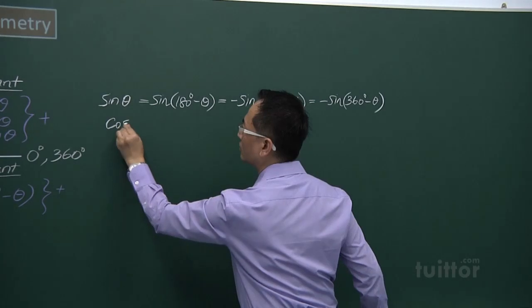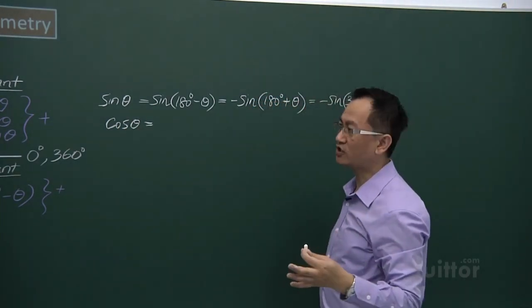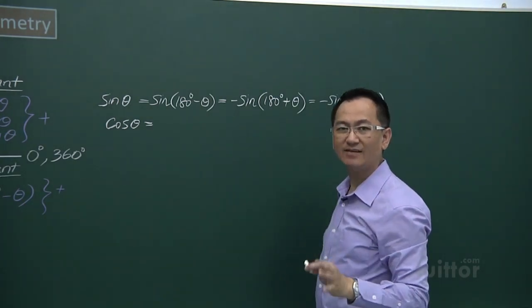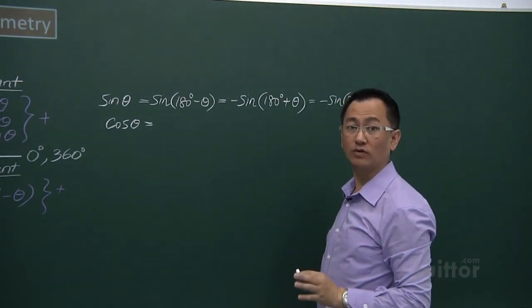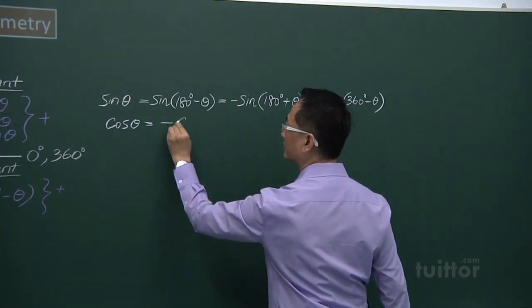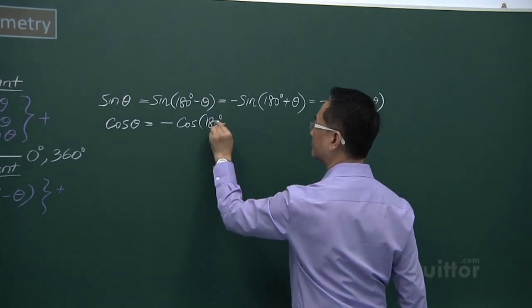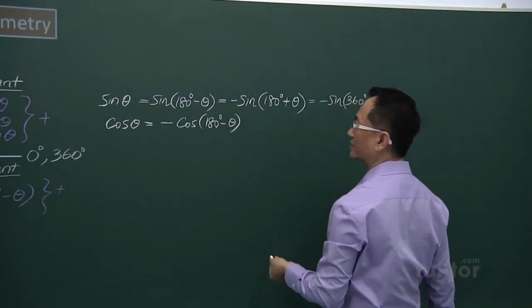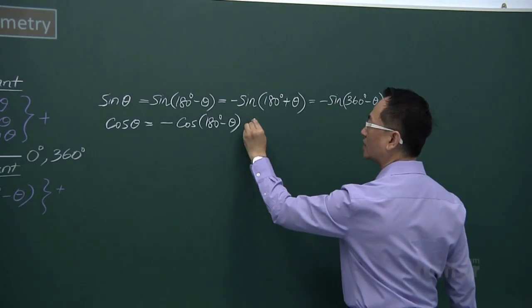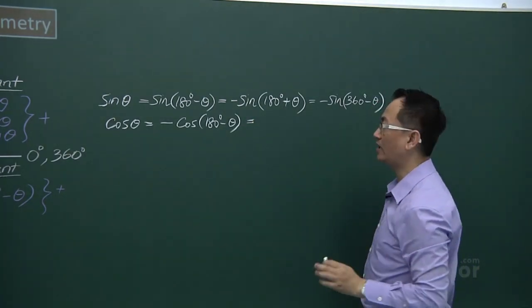Then come to cos theta. Cos function gives a negative value in the second quadrant. So negative cos the second quadrant angle. And in the third quadrant, cos function will also give a negative value.